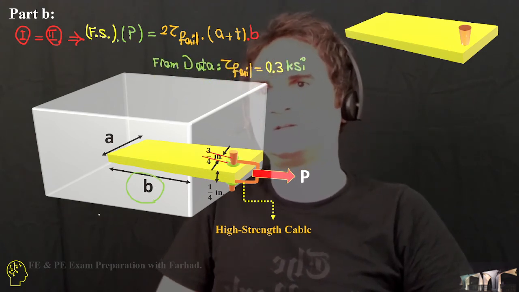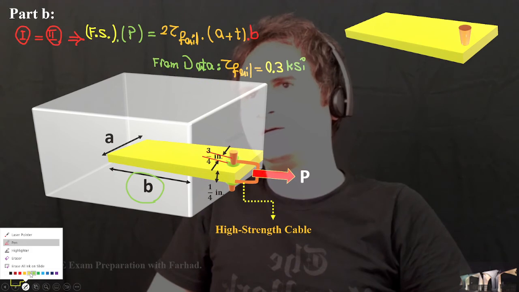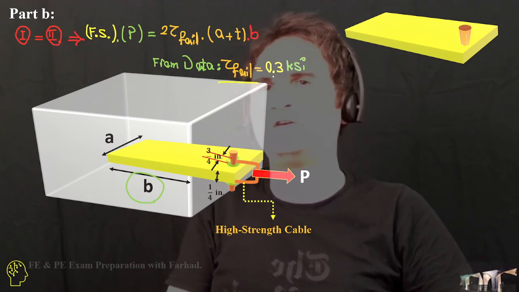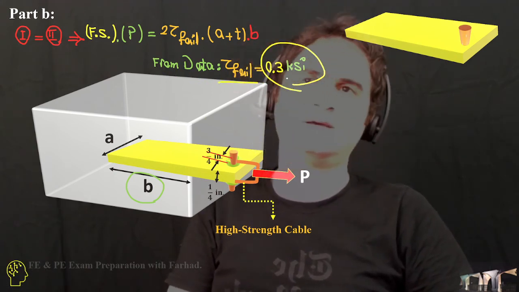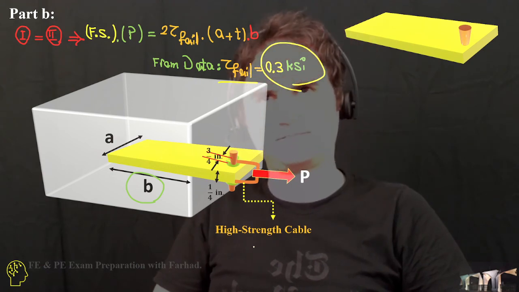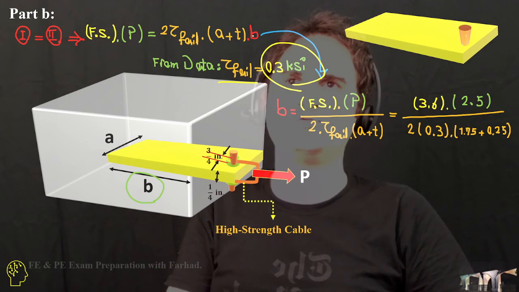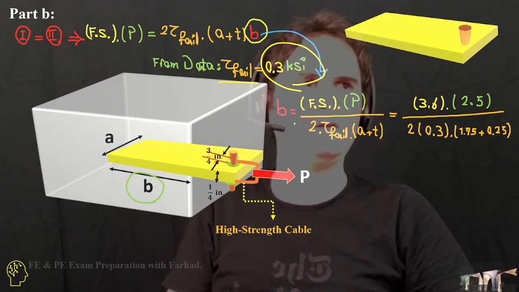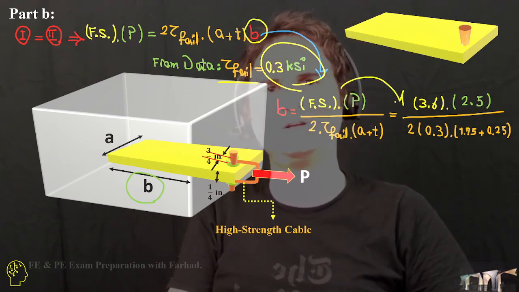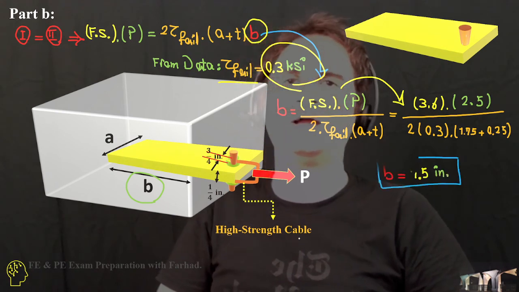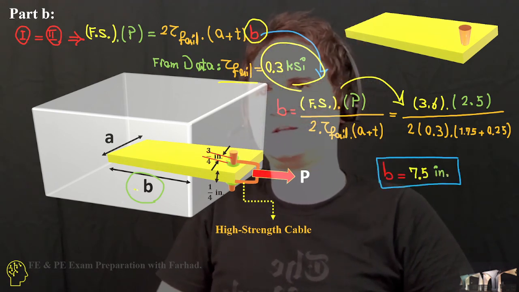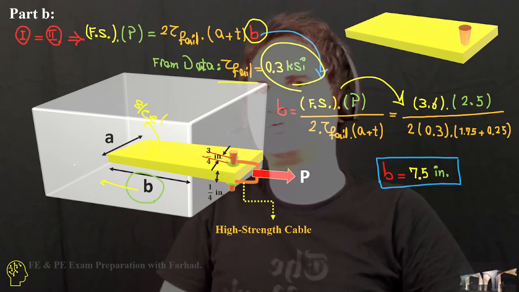From the data statement, tau failure is 0.3 ksi. If you solve this equation for B parametrically and replace the numeric values, the sufficient length B of the steel plate inside the concrete is equal to 7.5 inches.